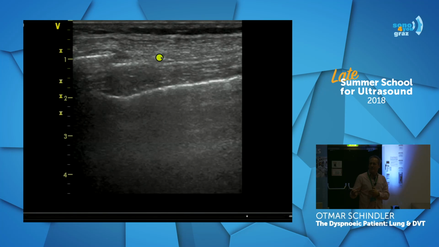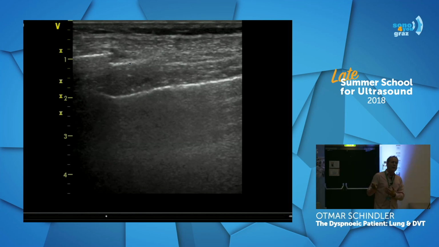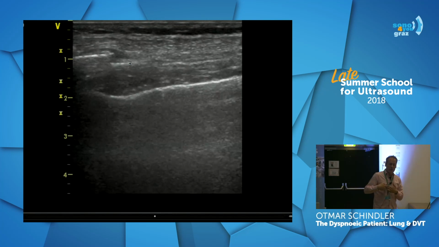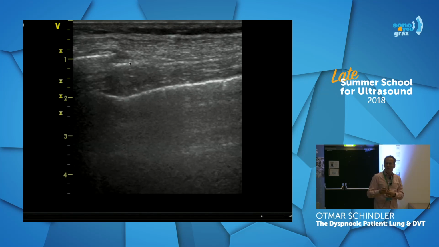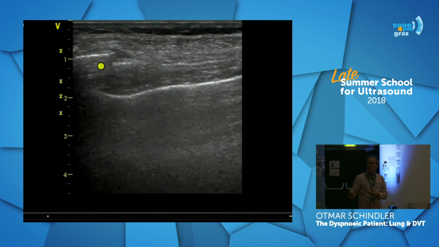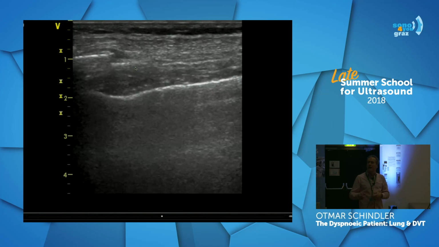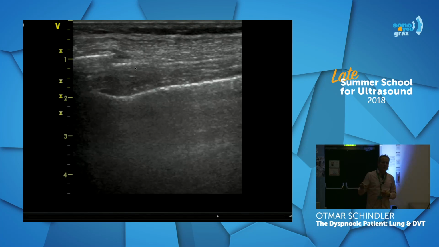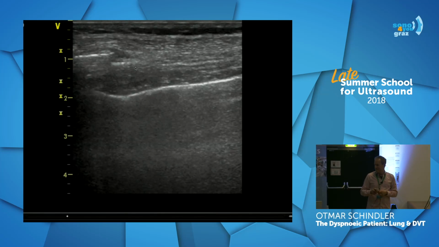In fact, I don't see what's going on behind the rib. The only place where I can see what's going on behind is if you are on the cartilage, perhaps in children and young people. But as you pointed out rightly, you couldn't see the lung moving behind the rib. So you have to rotate your probe a bit, and then you see what's going on behind. Thank you so much.